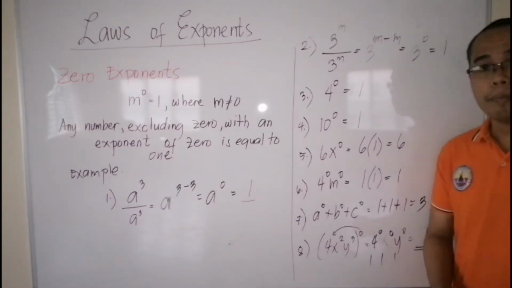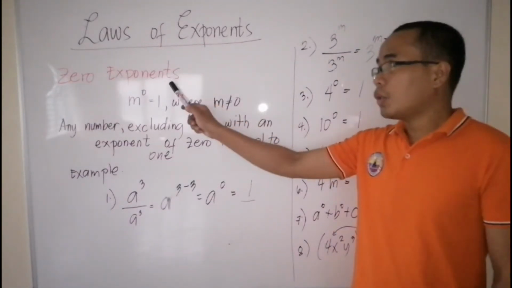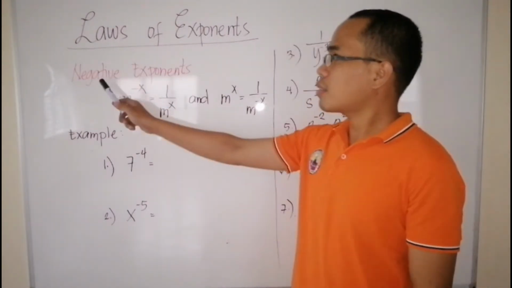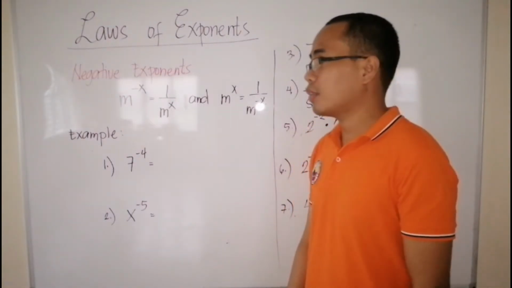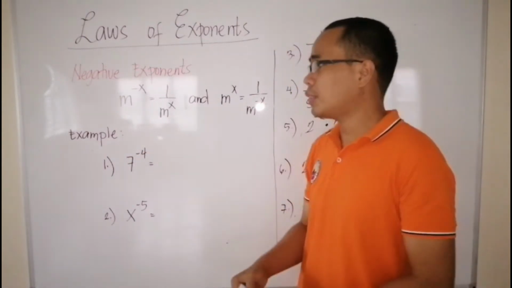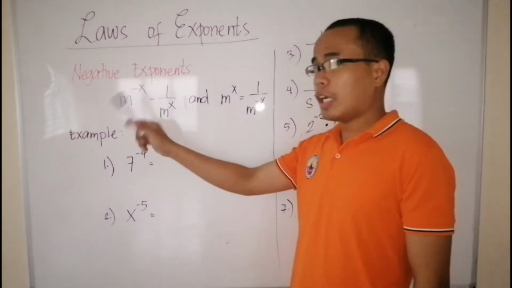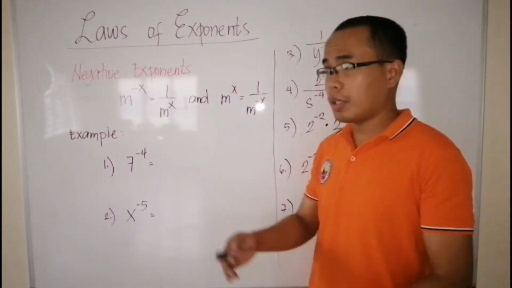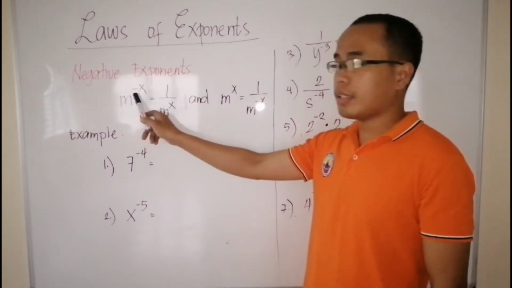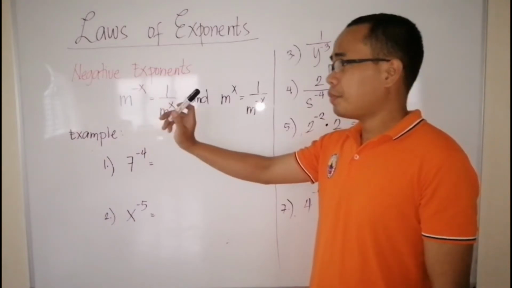So ganun lang kadali ang pagsusolve ng zero exponent. The next law of exponent is negative exponent. So kadali nito, pag meron kayo makita na exponent na negative, gawin mo siyang positive. So paano yun? Kunin mo lang kanyang reciprocal. So let's say m raised to negative x.